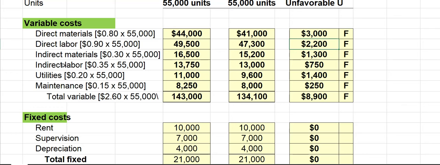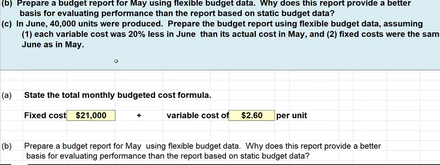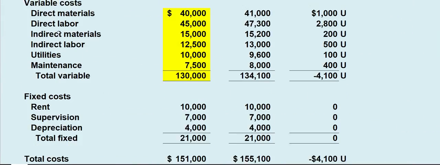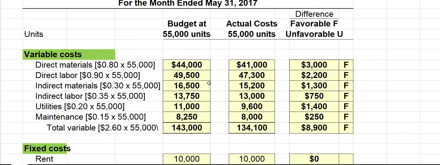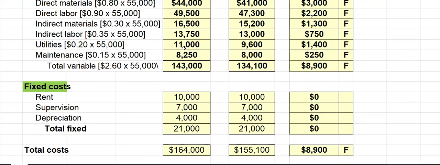A similar process is done for each of the variable costs. 30 cents per unit for indirect materials is obtained by taking the budgeted indirect materials of 15,000 and dividing that by 50,000 units. And then to scale that up to the 55,000 level of activity, we take the unit cost, multiply it by the 55,000 units, and we get 16.5.